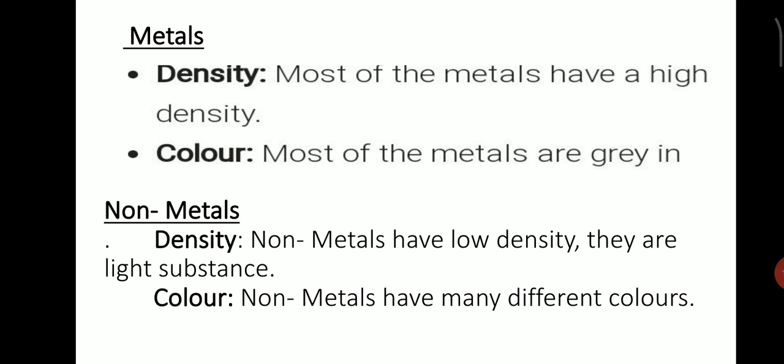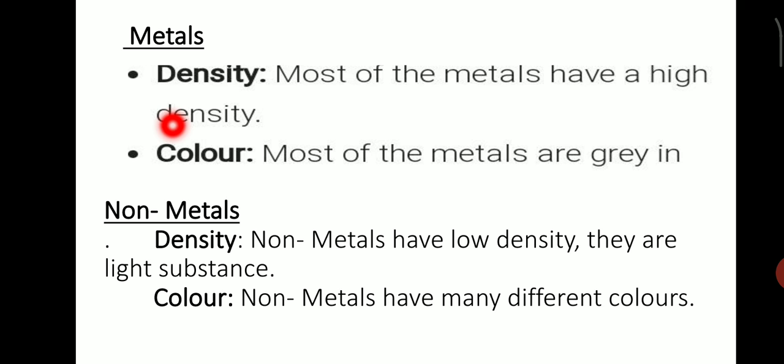Non-metals usually have low density because non-metals are light substances. They are light in nature. Sulfur has a density of 2 grams per centimeter cubed, which is quite low.